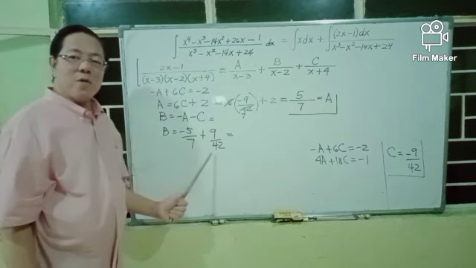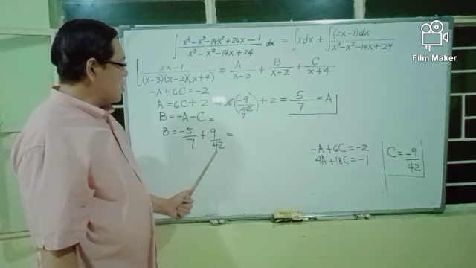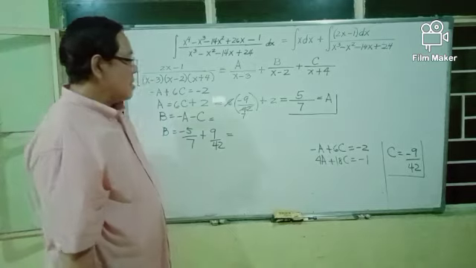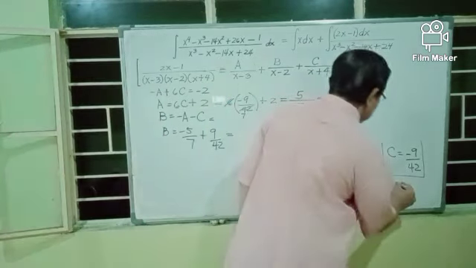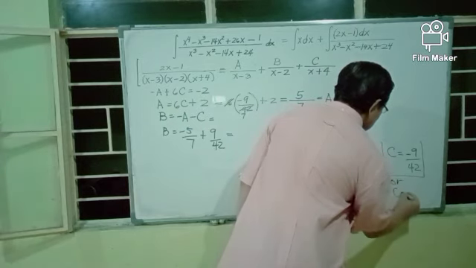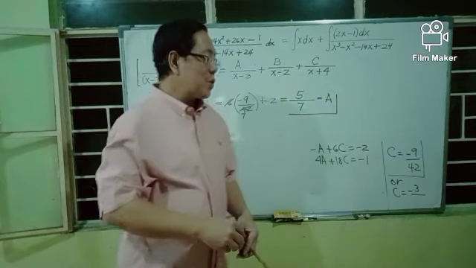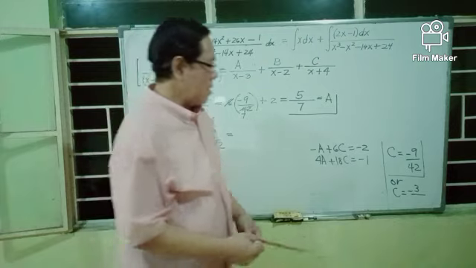Actually, this 9 over 42 can be reduced to lowest terms because 9 and 42 have a common divisor of 3. If you divide 9 by 3, you get negative 3, and divide 42 by 3, you get 14.